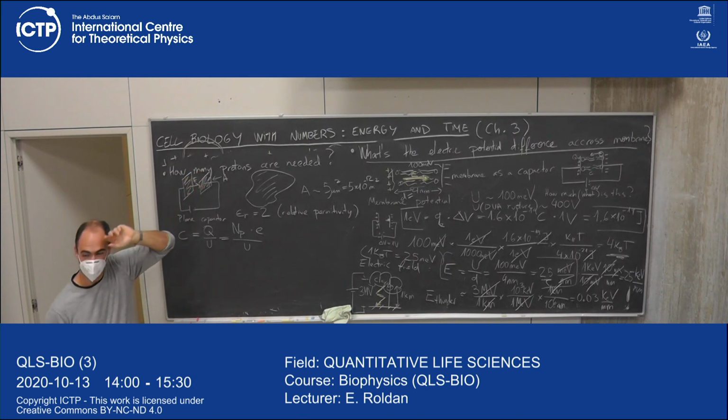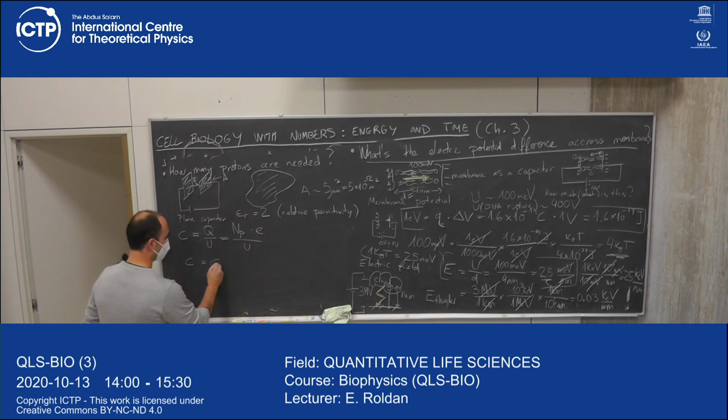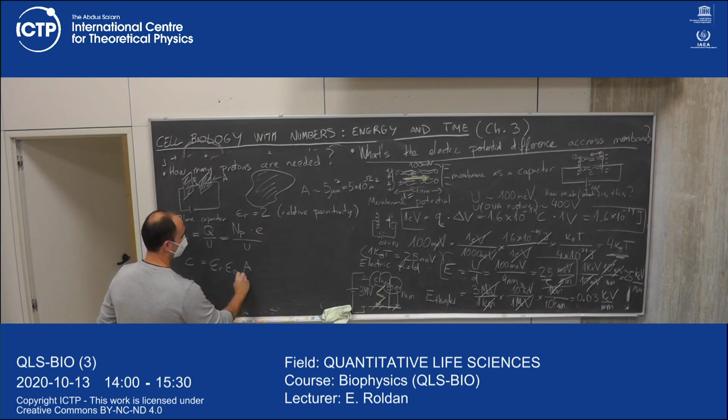Do you remember from your physics lectures? Do you know the formula? C is, you can guess, it's fine. Don't be afraid of making a mistake. For a plane capacitor, the capacitance is epsilon r, epsilon 0, area divided by length.